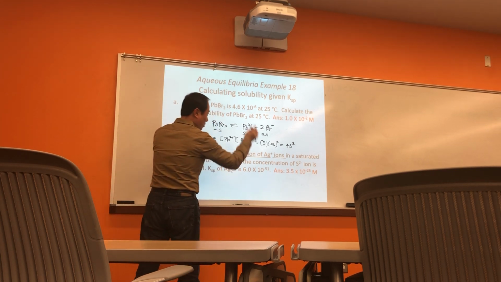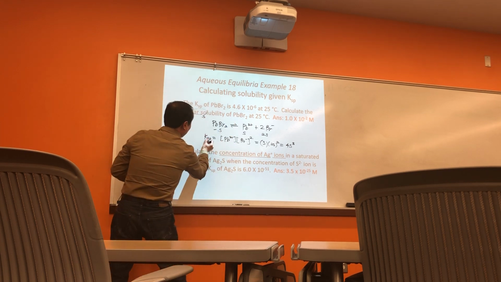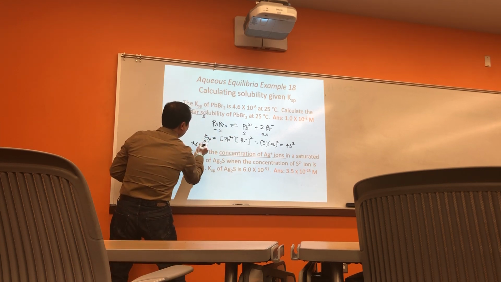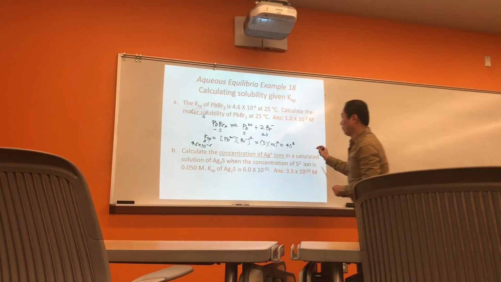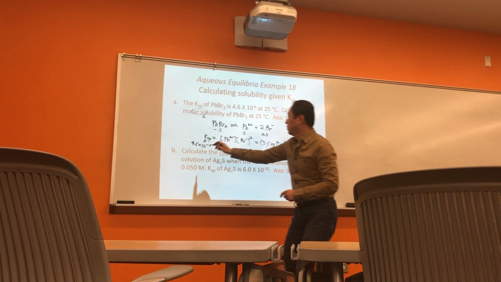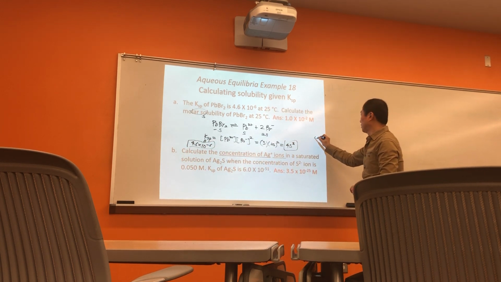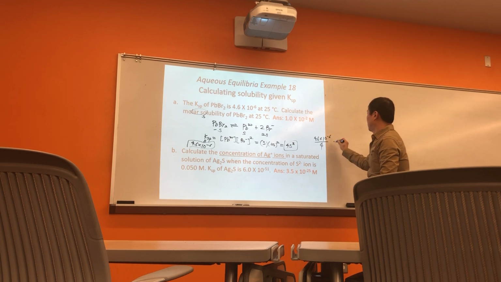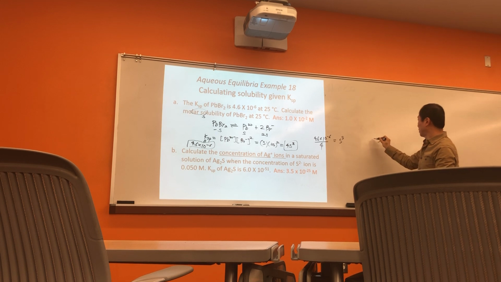So that's the opposite situation. Now we are given the solubility product right there, 4.6 times 10 to the minus 6, and then we find the S value, the solubility. Okay, so divide by 4 on both sides, and then take the cube root on both sides.